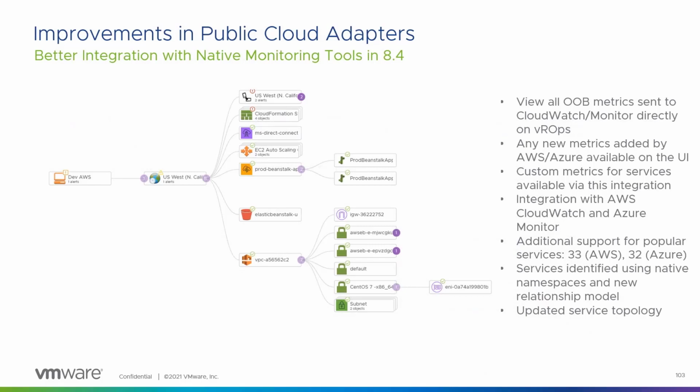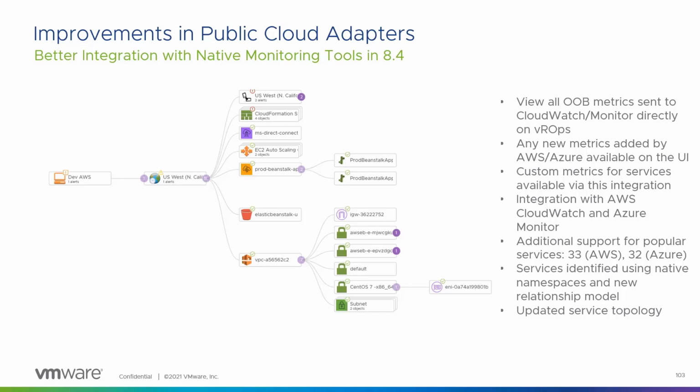One improvement we made in the 8.4 release was with the adapters for public cloud. Previously in 8.2 and 8.3, we were using native monitoring via CloudWatch and Azure Monitor to collect metrics. Now we're using these tools for service discovery as well. This allowed us to support 33 new AWS services and 32 new Azure services, and we will continue to ramp up.